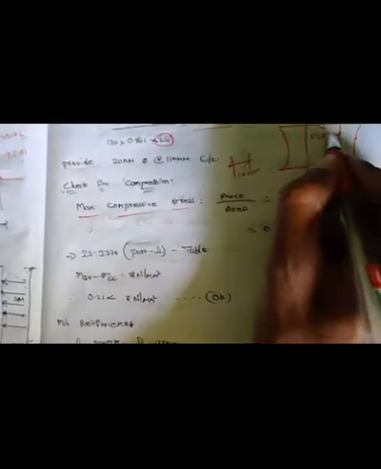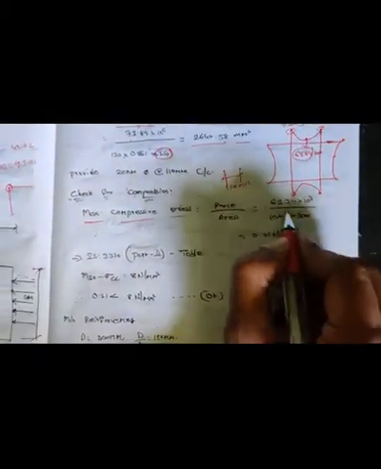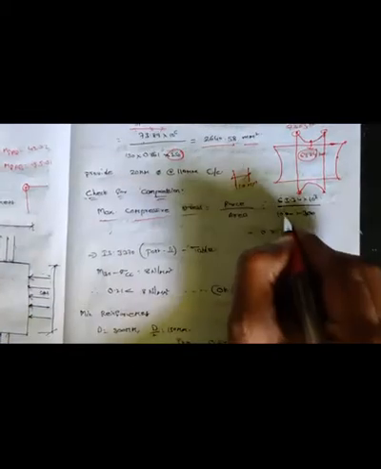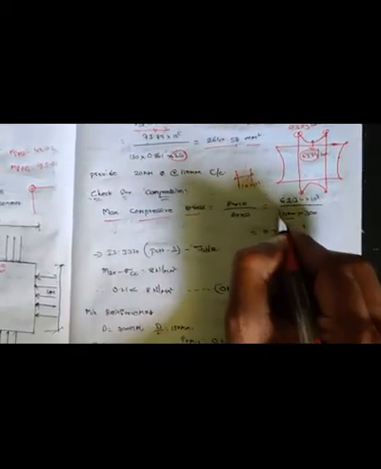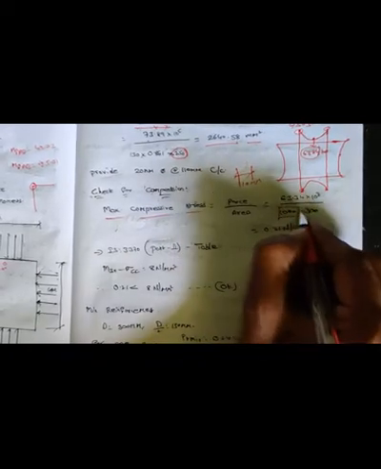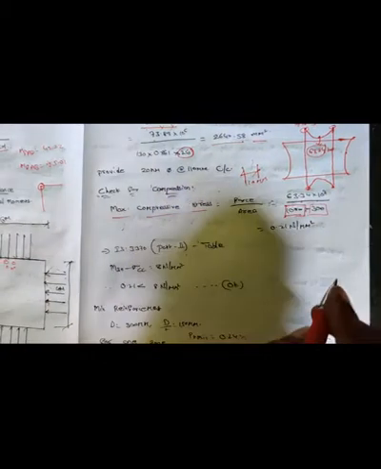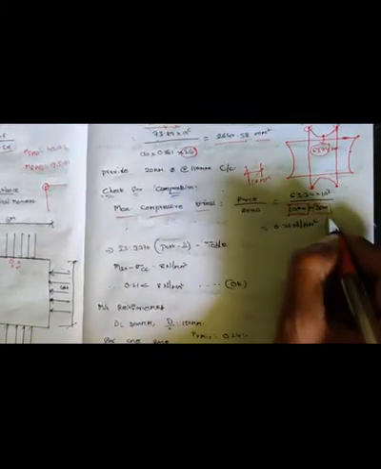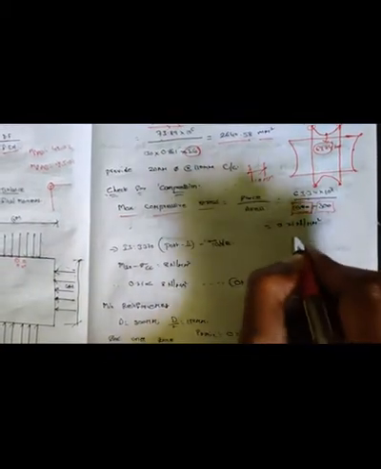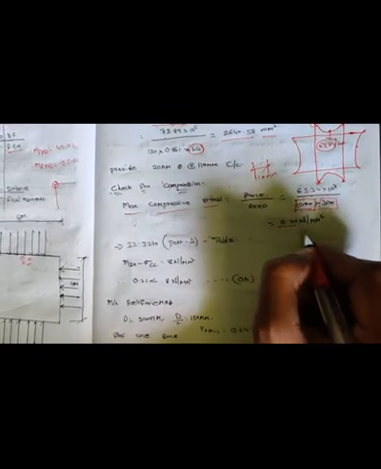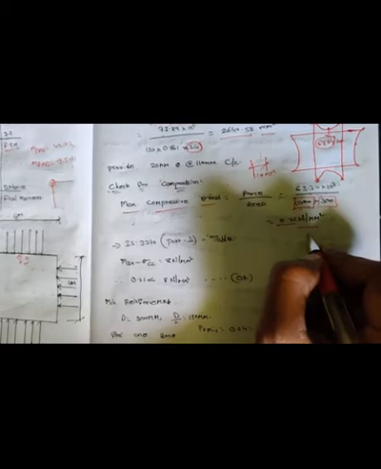Here how much force is there? 63.8434 into 10 cube divided by b into d, that is our area formula. b is nothing but width, d is nothing but depth, just as we have seen. b is equal to 1000, d is equal to 300. So overall how much am I getting? Maximum compressive stress, that is 0.2 Newton per mm square.